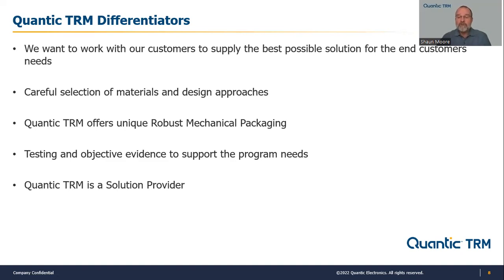It really comes down to making sure that we can select optimized materials, design approaches, packaging, and if testing is required for the program, to be able to supply that as well. Really, Quantic TRM, to sum it up, is a solution provider that also provides hardware.